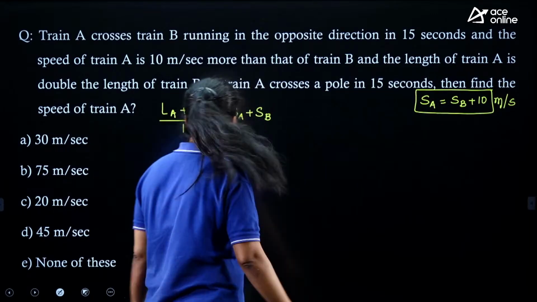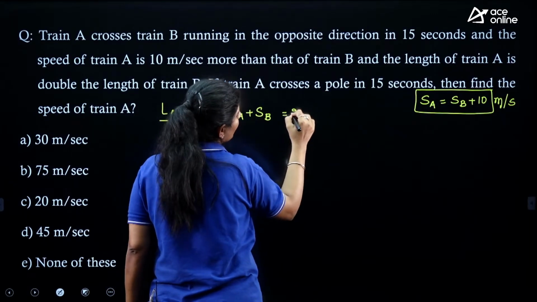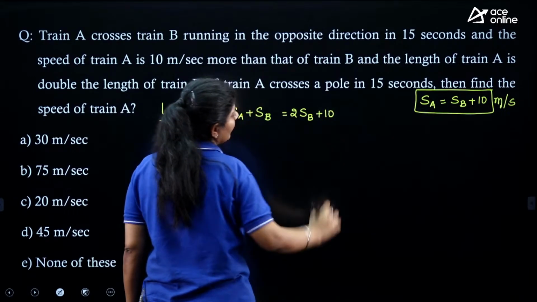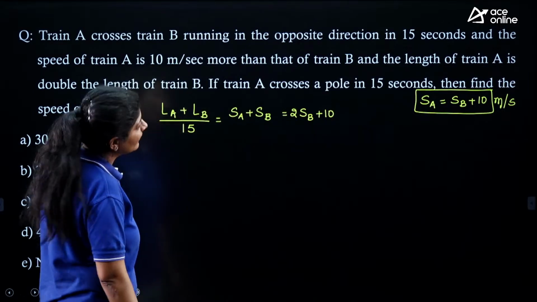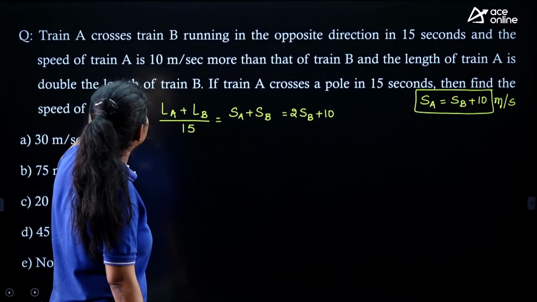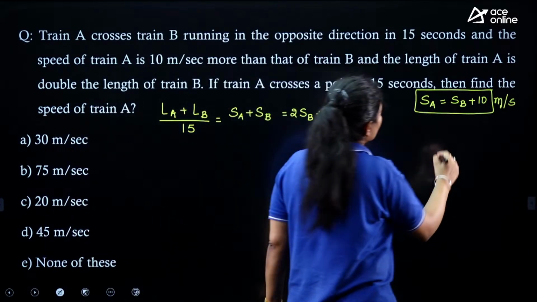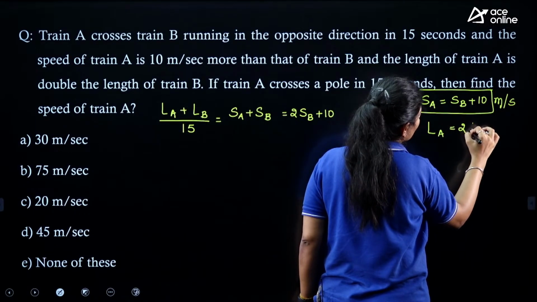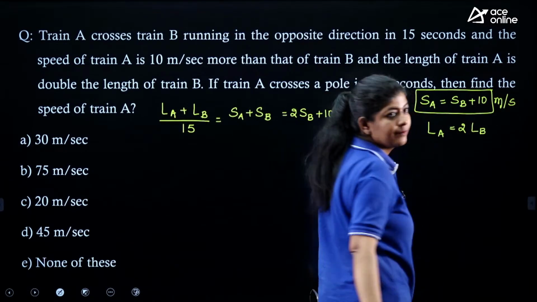So we can replace it as twice of (speed of train B plus 10), right. In the next line it is given that the length of train A is double the length of train B. So length of train A is twice of length B, right.